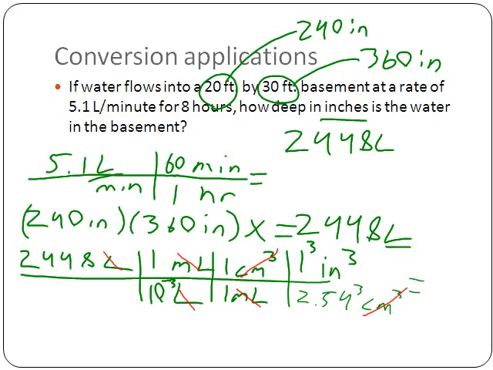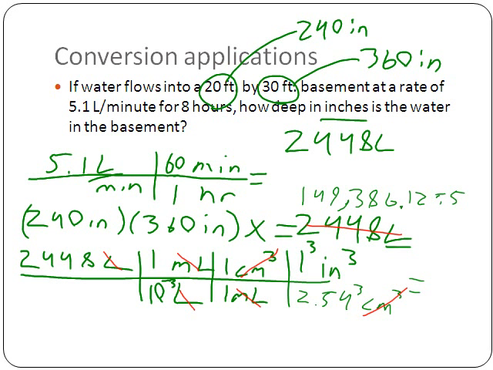We're going to replace our 2,448 liters with something in a unit that we can deal with, which is this: 149,386.1255. That's a comma there, not a decimal.